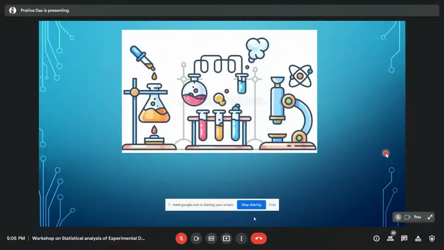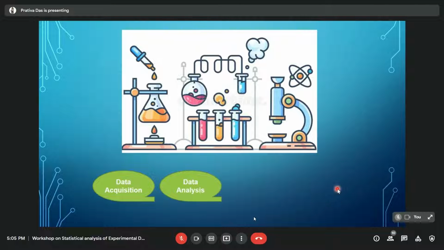We already know that all over the research and development sector, people are running so many experiments. So what is the basic need for running these experiments? They want to have some advancement in science. After running the experiment, the first thing is that we get some data. So we acquire some data.